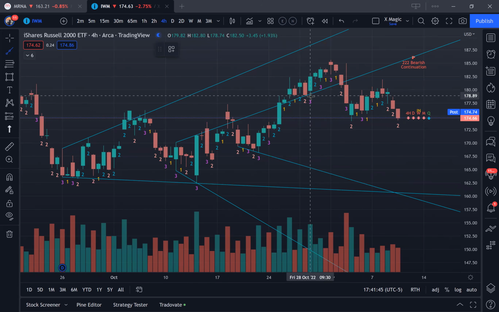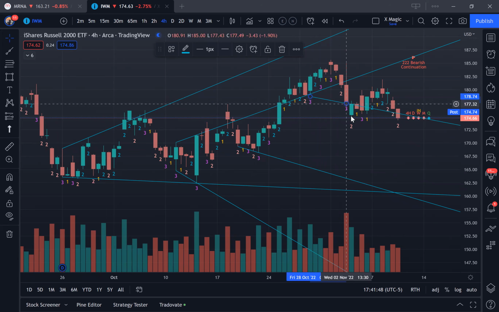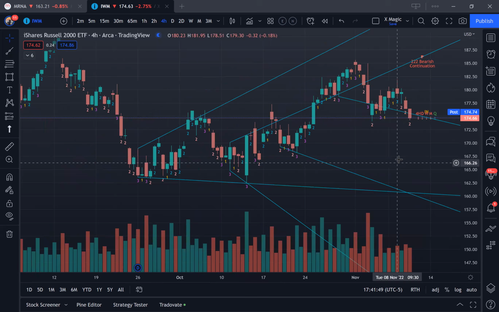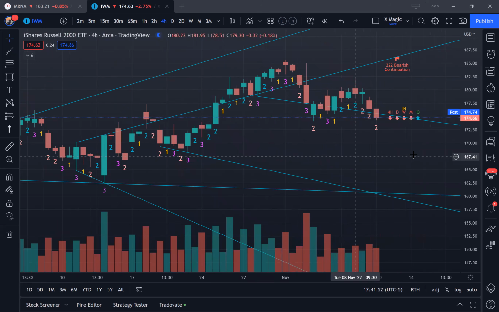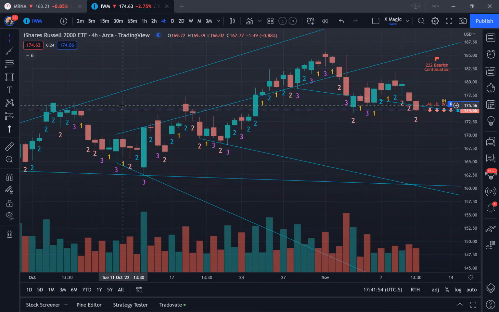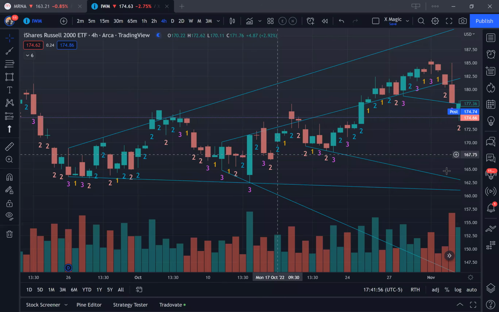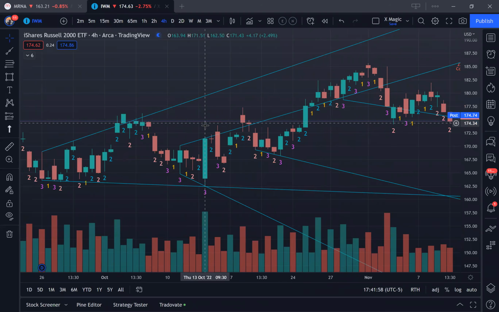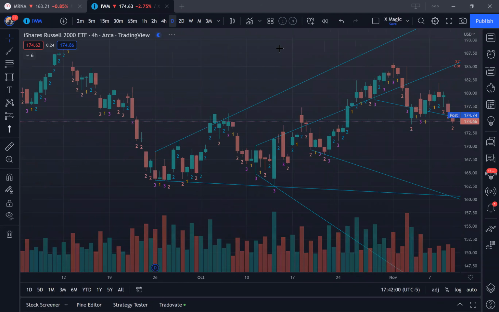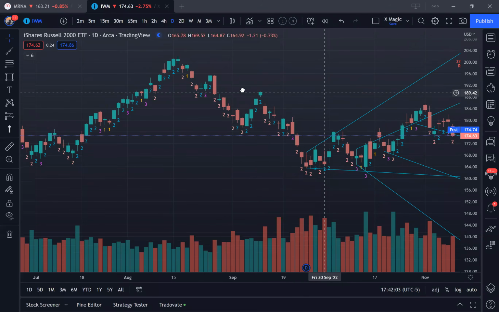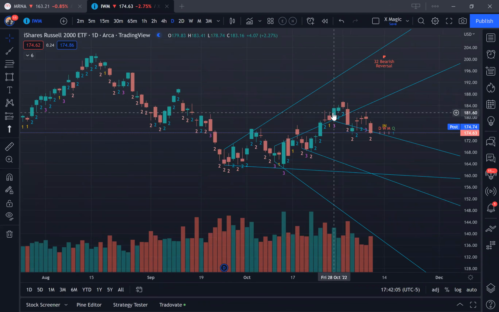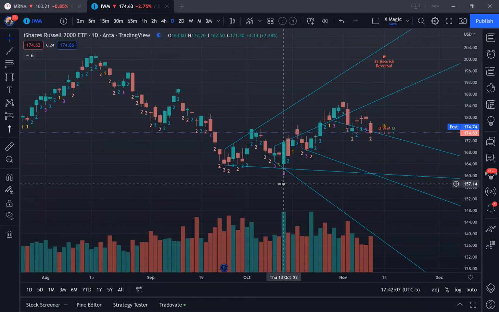And something to note, if your broadening formations and your chart doesn't look like a spider web by the time you're done, you're not doing it right. Something to take note of. And again, the higher the time frame for the BFs, the stronger they are. Keep that in mind as well.